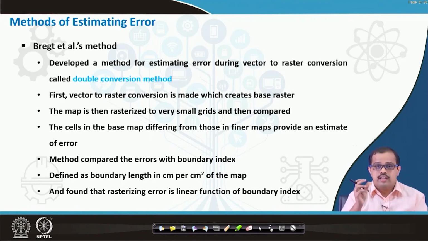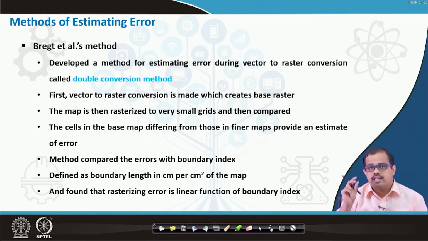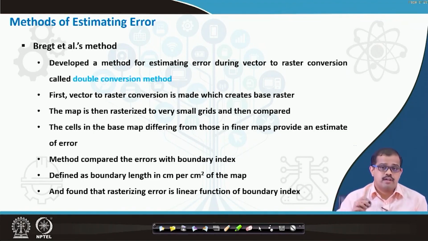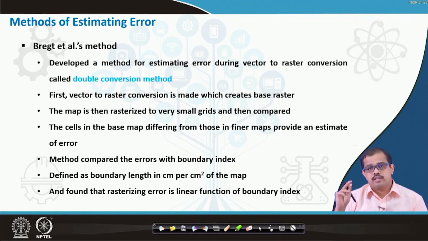The amount of error is then defined by the thin difference in the layer converted from vector to raster against the base raster map. This method looks at the locational error and also at the errors and the boundary index. That is why it is extremely efficient for conversion from vector to raster. Most importantly, it defines the boundary length in centimeter per centimeter square of that particular map.